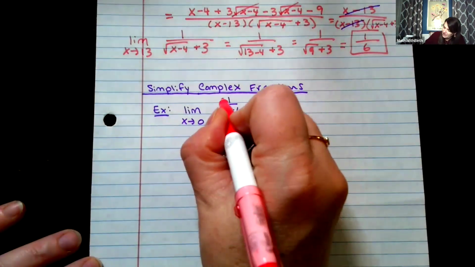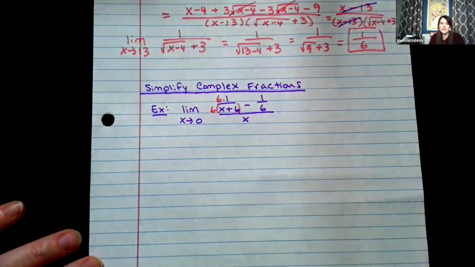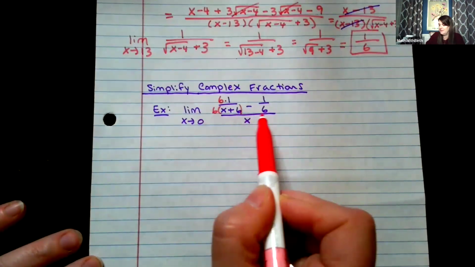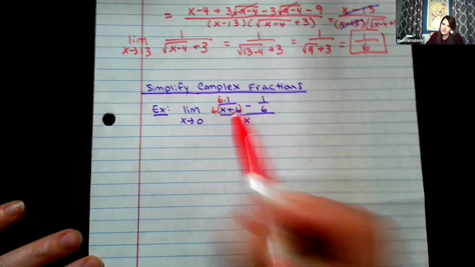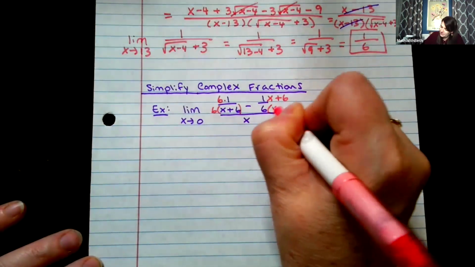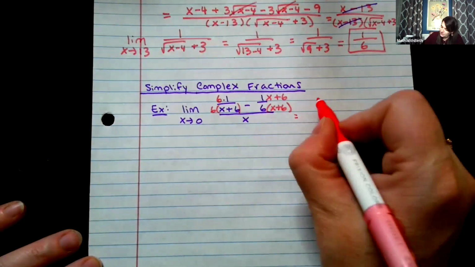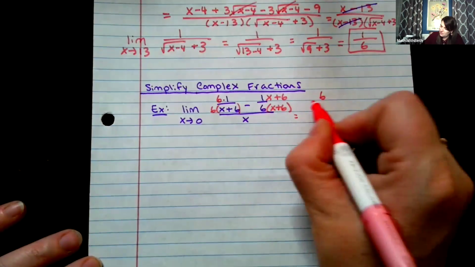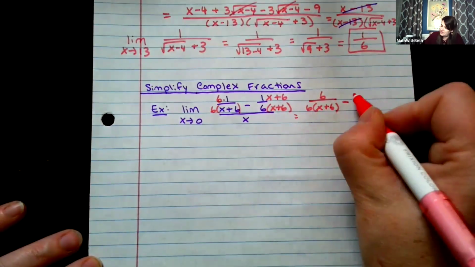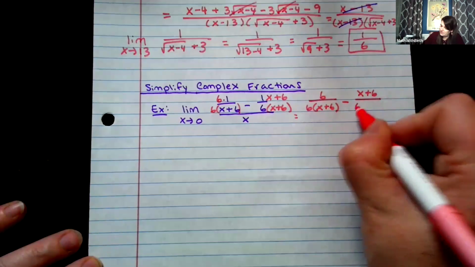So I need this fraction to have the 6 that one has, because unfortunately I can't count this as being the same 6 because this is technically an x plus 6, so it's different. And this fraction needs the x plus 6. So that turns this into 6 over this minus x plus 6 over this.